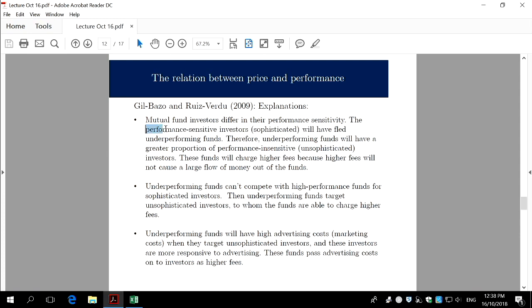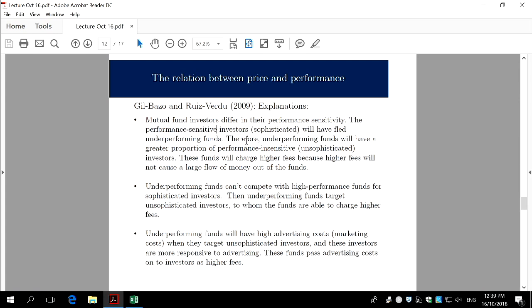So what does performance sensitive mean? If my fund does a bad job, then I will withdraw all my money and switch to another fund. Every time I observe that, I will flee the underperforming fund. If I can do that, I'm a sophisticated, experienced, good investor.